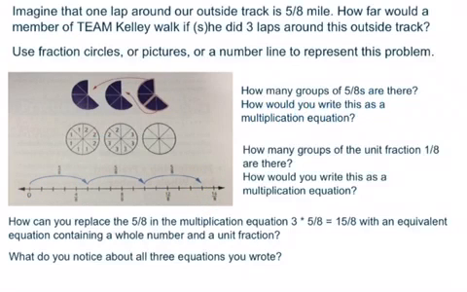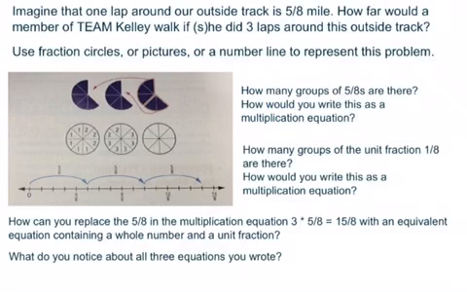All right, so here's my picture. So here's what I'm asking. How many groups of 5/8 are there? Hopefully you can answer that. And how would you write this as a multiplication equation? And then how many groups of the unit fraction 1/8 are there? And how would you write that as a multiplication equation?